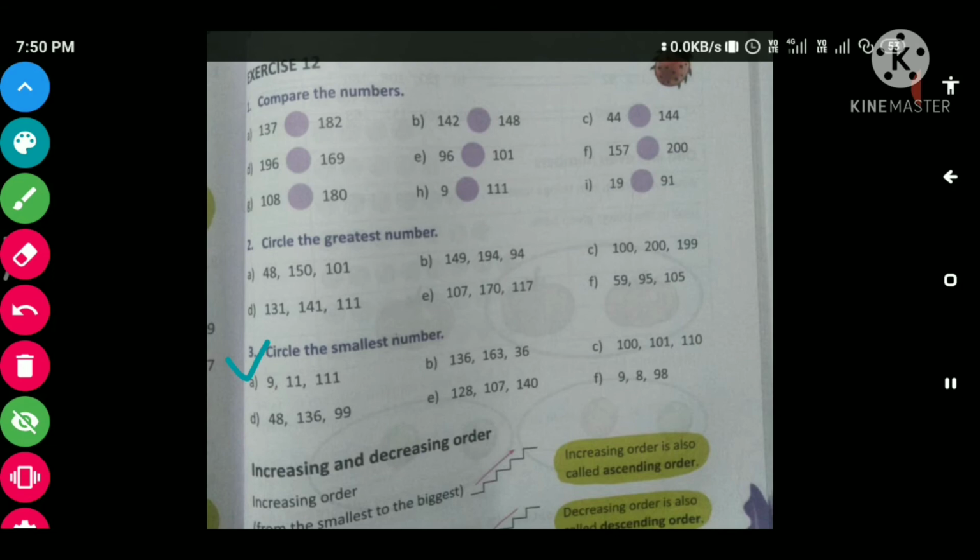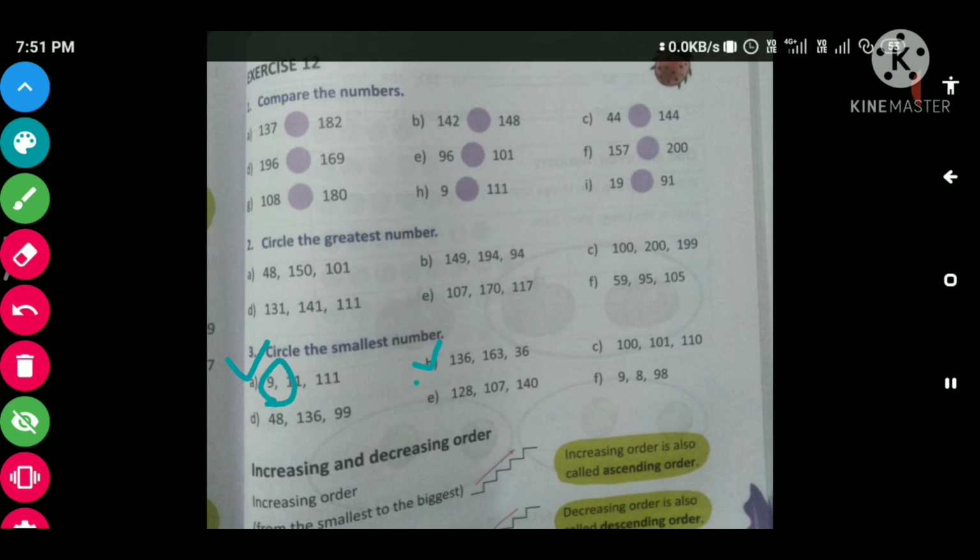Right? So see A part. 1 has 1 digit, the next number has 2 digits, that is 11, and the third number has 3 digits, 111. So which will be the smallest one? 9 will be the smallest one, right?